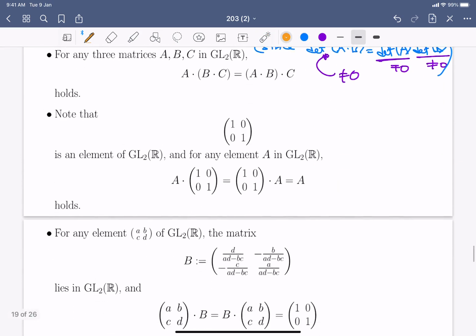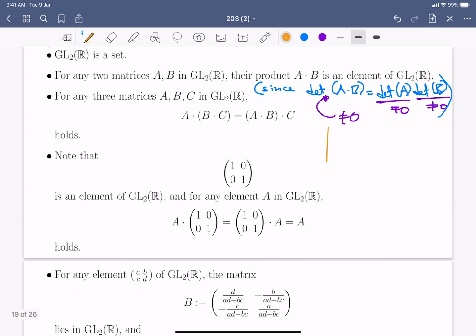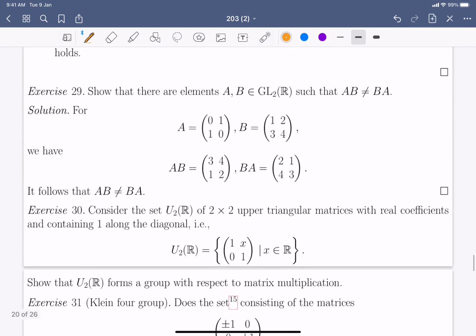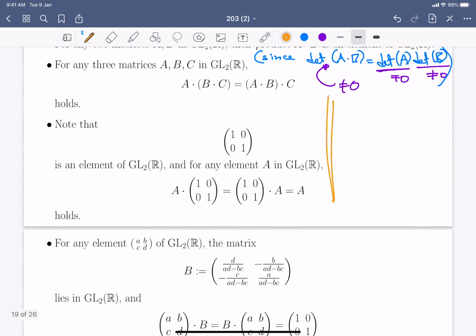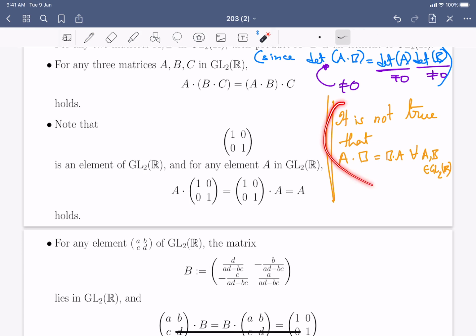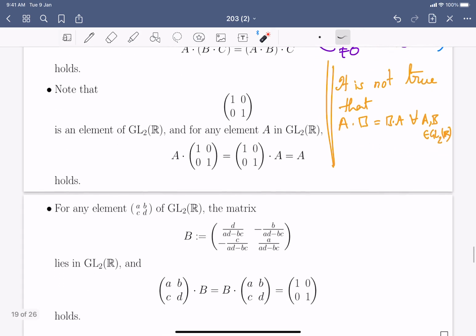Okay, great. So here inside GL2R, the situation is a bit different. Maybe let me write it here. So it is not true that A dot B is B dot A for all A, B inside GL2R.